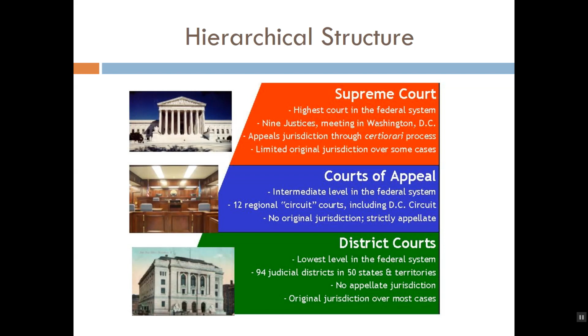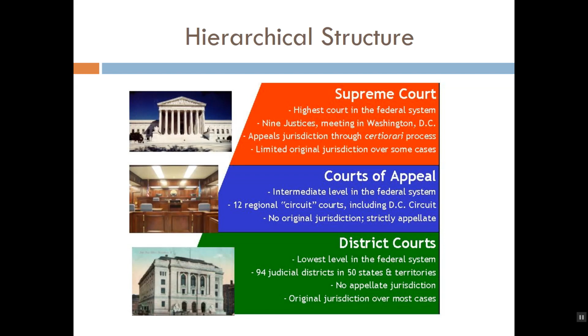And each of these circuit courts is in charge of hearing appeals that emerge from one of the district courts within its circuit. So each one of these circuit courts hears challenges to district court rulings located within its circuit, with the single exception of the 13th Court of Appeals, which has nationwide jurisdiction in a limited number of special cases.